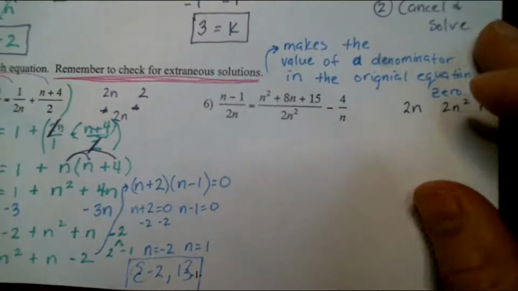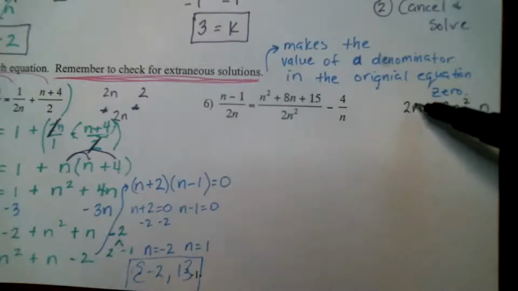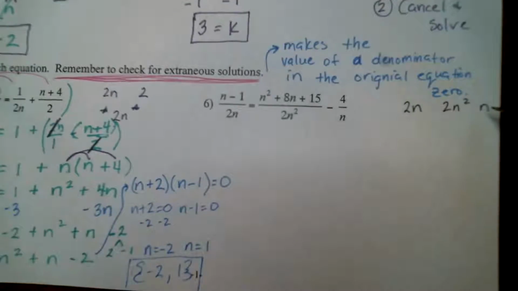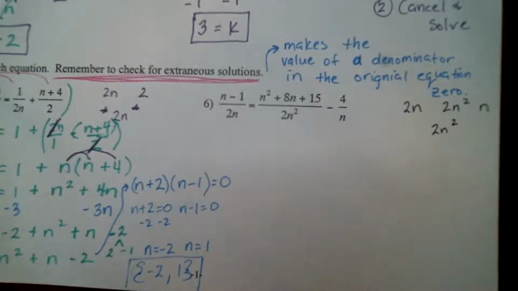Remember how I said 2, 3, and 12? Always look at the largest number and always start there. So I'm going to start at the largest polynomial, which is 2n squared, and ask myself, if I use 2n squared, will it cancel 2n? Yes. Will it cancel n? Yes. So therefore, 2n squared is what I multiply everything by.